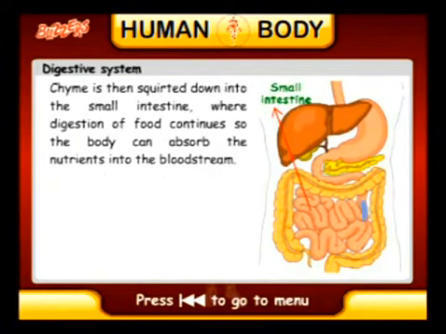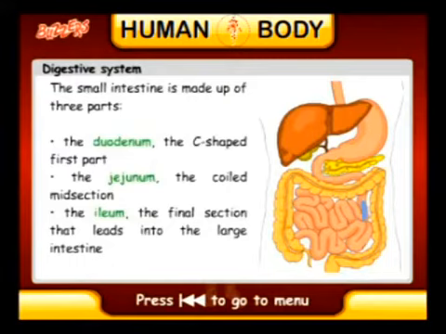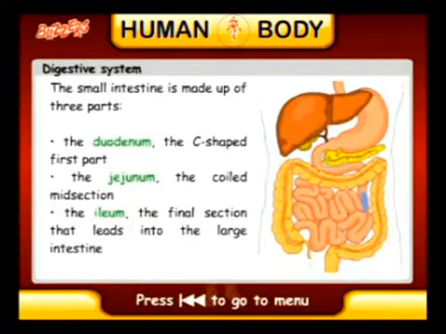Chyme is then squirted down into the small intestine, where digestion of food continues so the body can absorb the nutrients into the bloodstream. The small intestine is made up of 3 parts: the duodenum, the C-shaped first part; the jejunum, the coiled midsection; and the ileum, the final section that leads into the large intestine.